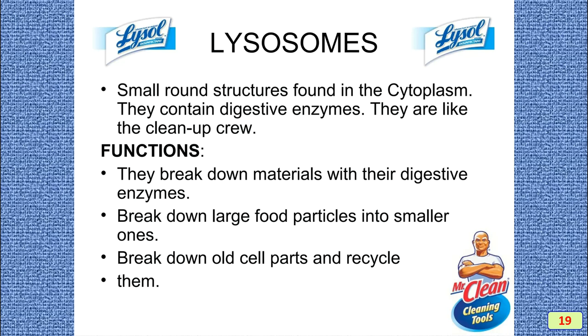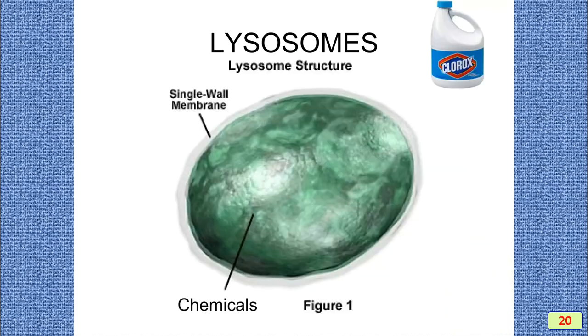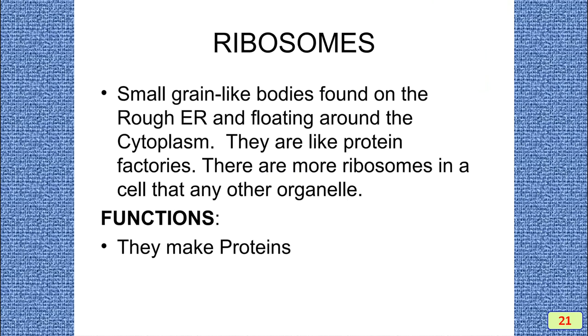They lyse everything they get. Here is the structure of a lysosome, which contains a single-wall membrane and is a storehouse of certain chemicals, like detergents, useful for cleaning the cell, just like we clean our house using detergents. So it is also one of the cleaning processes.